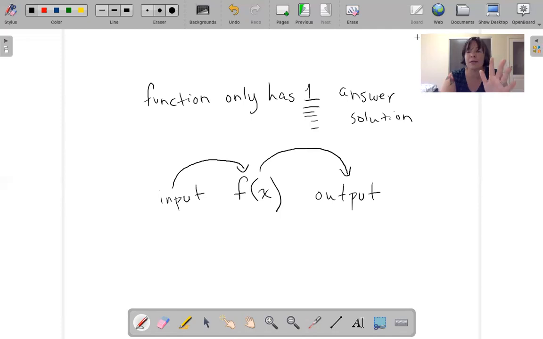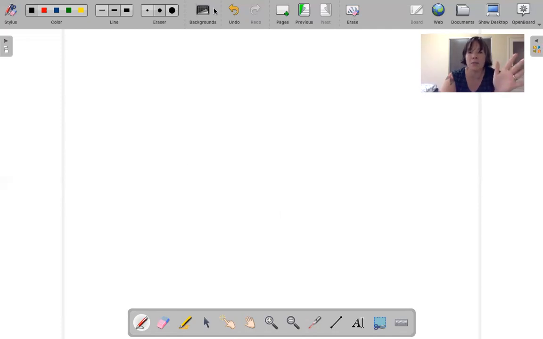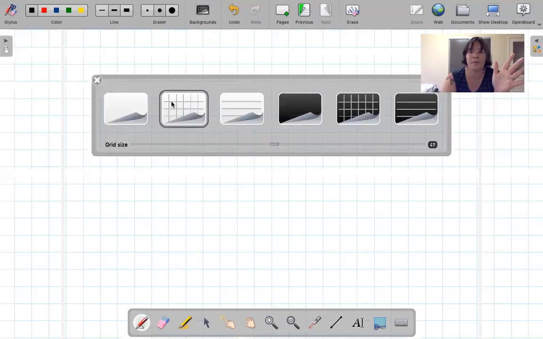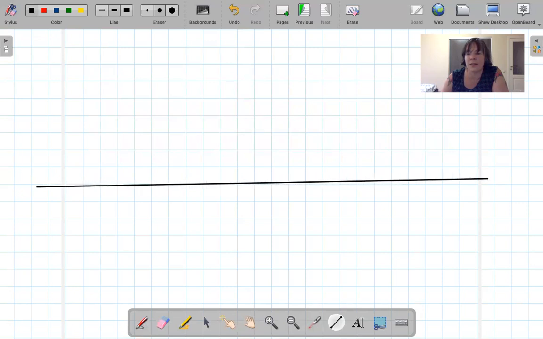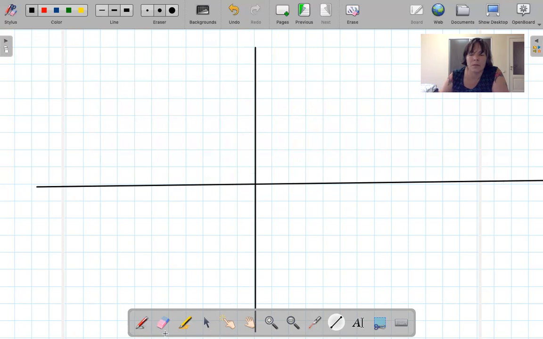Let me show you how something could not be a function. If I've got a graph here, and I have something that looks like this.